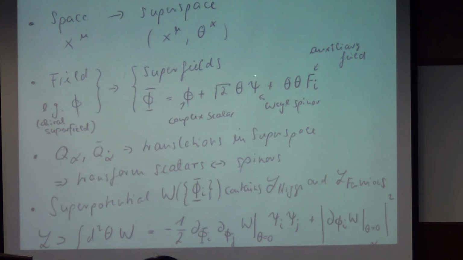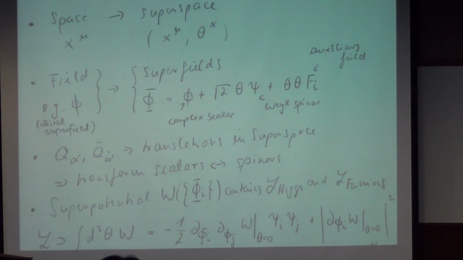This component here is just an auxiliary field, which you can eliminate by its equations of motion. The most important thing is you always have a scalar field and a fermionic field together. Then these generators induce translations in superspace, and this means they can transform these two fields into each other. This means in a supersymmetric theory, you can transform fermions into bosons, so they must have the same properties, the same quantum numbers, and so on.